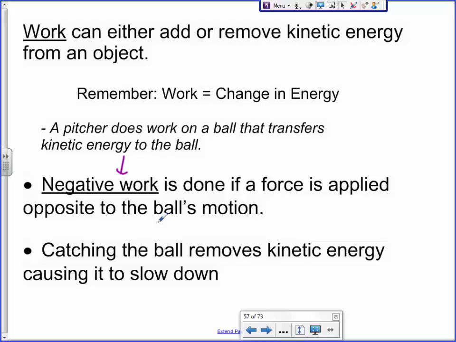I am doing negative work, because I'm going to slow it down. If the train is going this way, and I push it this way, that'll make it go faster. I'll be doing positive work. If the train is going this way, and I push the other way, and I'm trying to slow it down, then that's negative work. Okay? So it is possible to do negative work. This is what I'm trying to say.